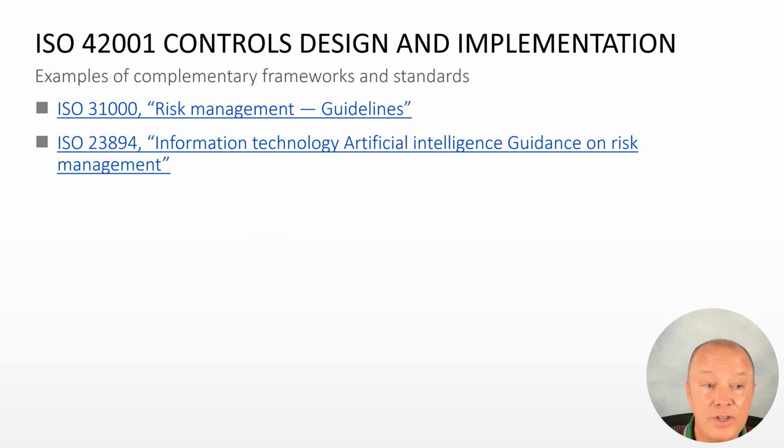Now, we have included all of ISO 23894 within our ISO 31000 enterprise risk management training. Why? Well, because it turns out that again, AI is going to be used throughout the organization no matter what you do.